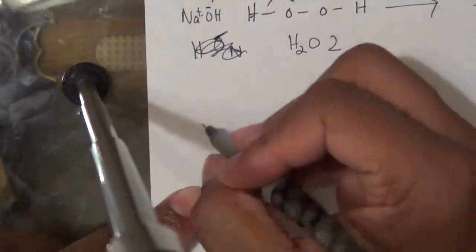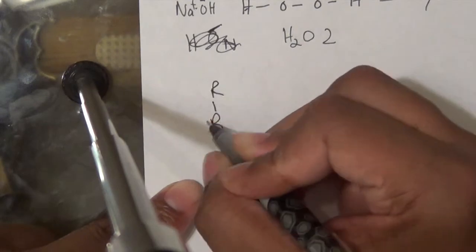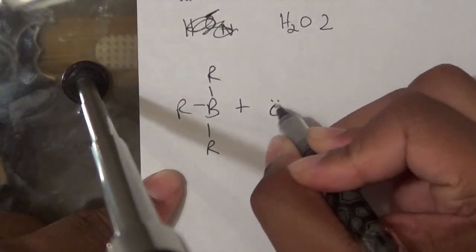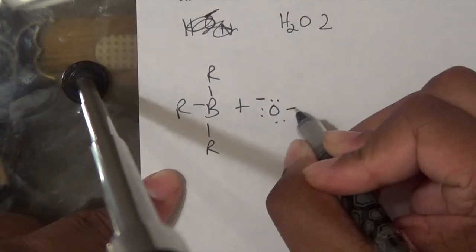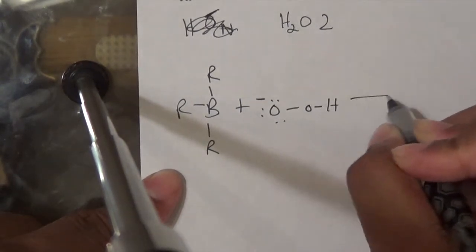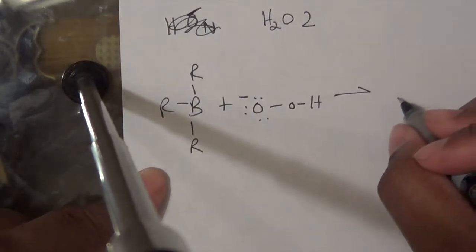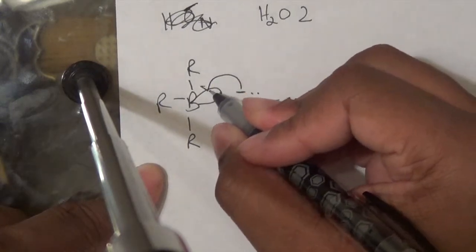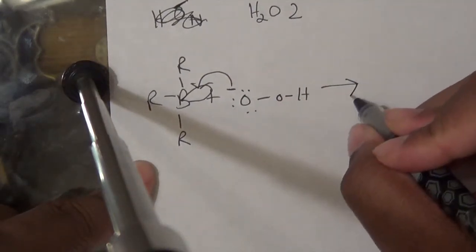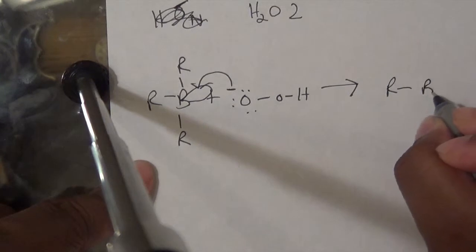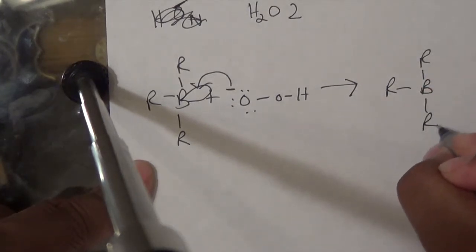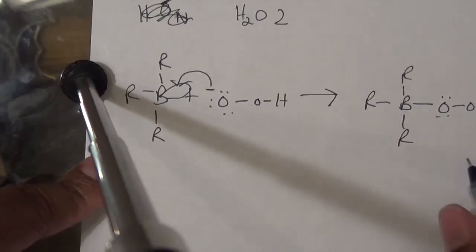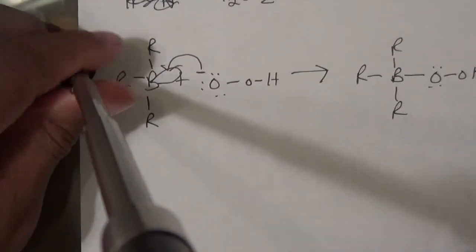All right, so with our peroxy anion, we're able to take our BR3, and we remember this has that empty orbital to accept that pair of electrons, so we're going to attack that.